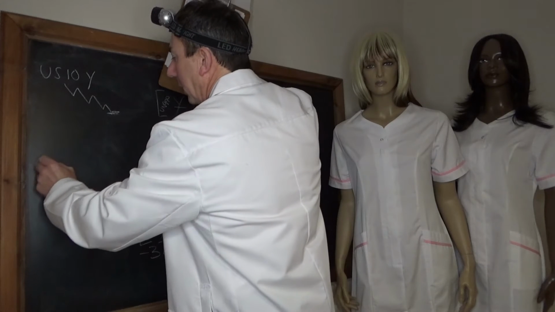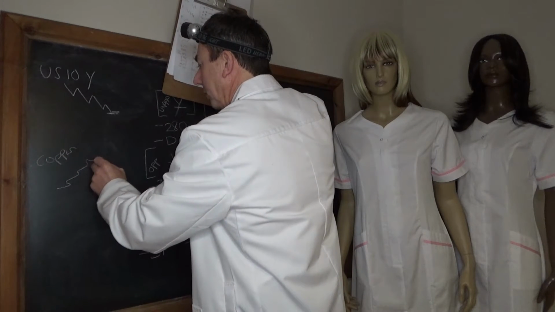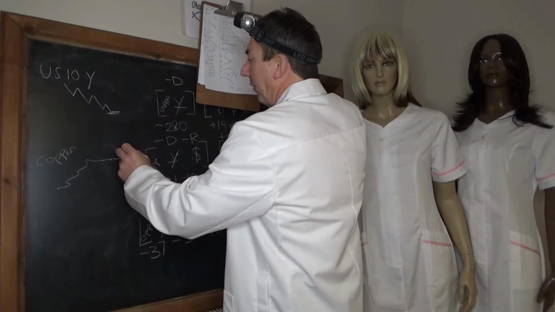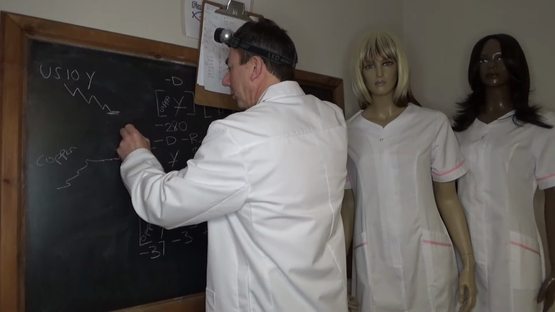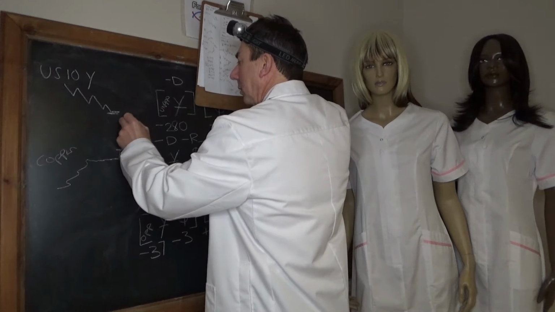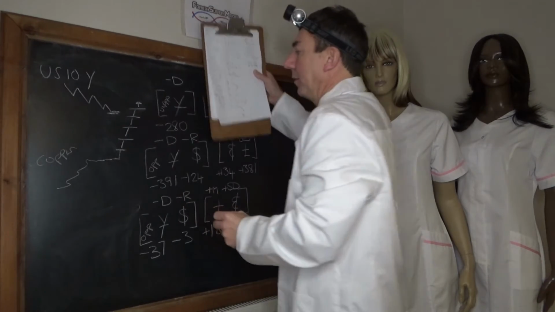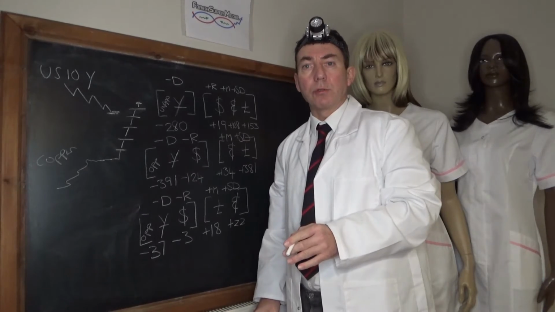And then copper. Well, copper was like this. It dipped, then it caught up with equities initially, and then we've basically had 4 pumps, and we're now just slightly above the 4th pump. So copper is still screaming.